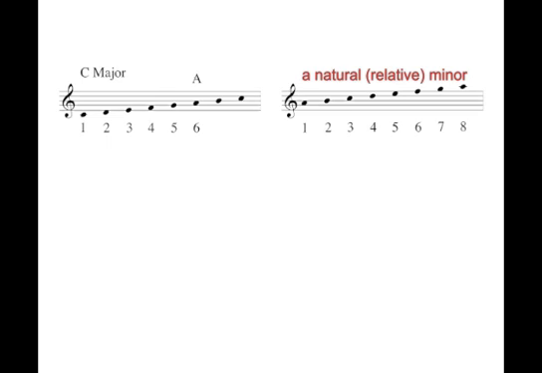A major scale and its relative minor scale share a key signature, which means they share the same notes. So in this case, an A natural, or relative minor scale, is really just a C major scale written from an A to an A. Knowing that association between the major and the minor key, and the major and the minor scale, is essential to this class.